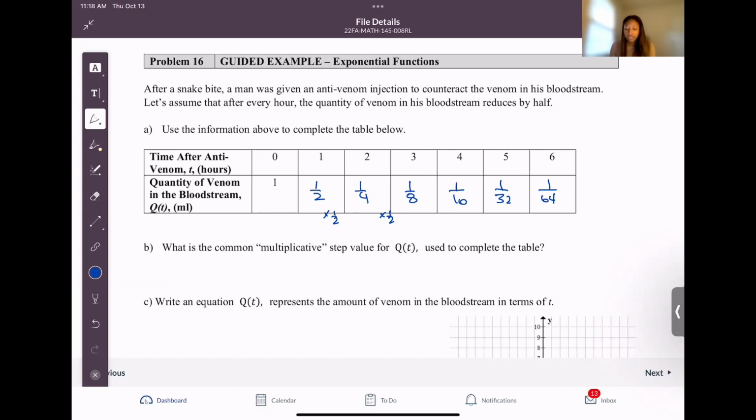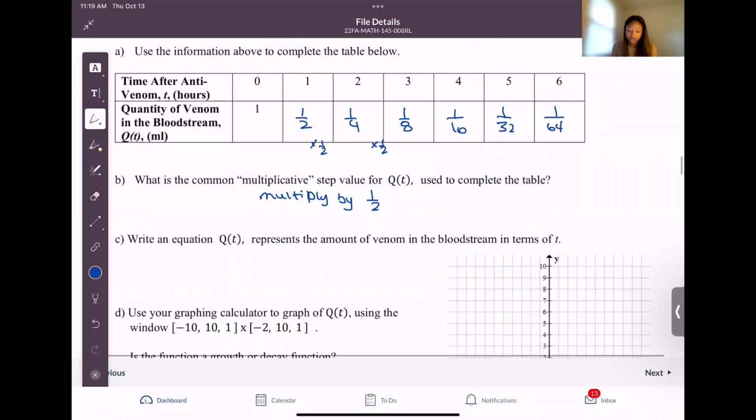What is the common multiplicative step for the Q of T values? To get half of something, you multiply it by 1/2. So we multiply by 1/2. That tells us what our base is for our exponential function. Now write Q of T, an equation that tells us the amount of venom in this person's bloodstream. We start out with 1 milliliter, so A is 1.